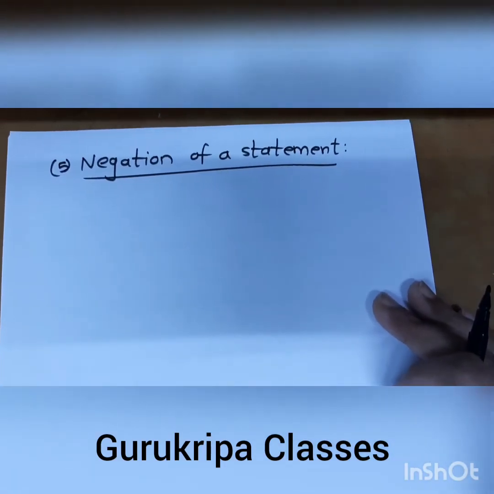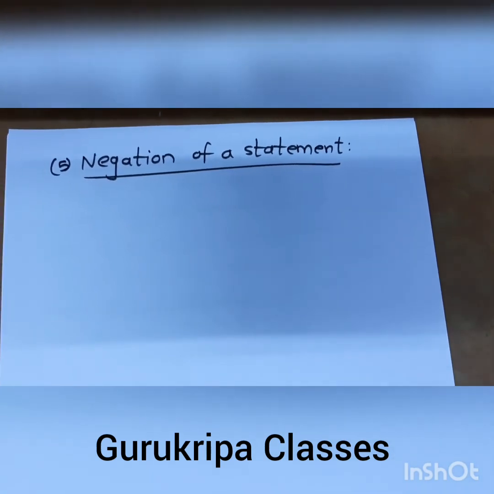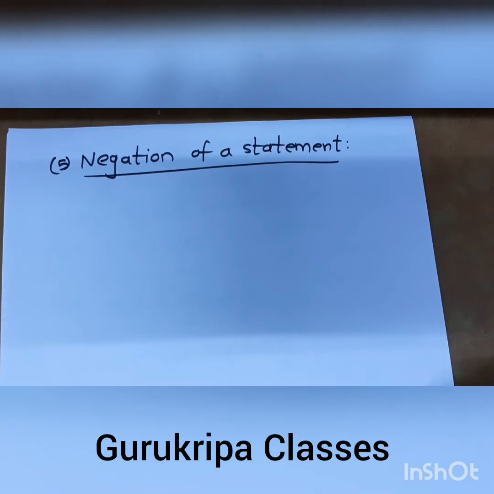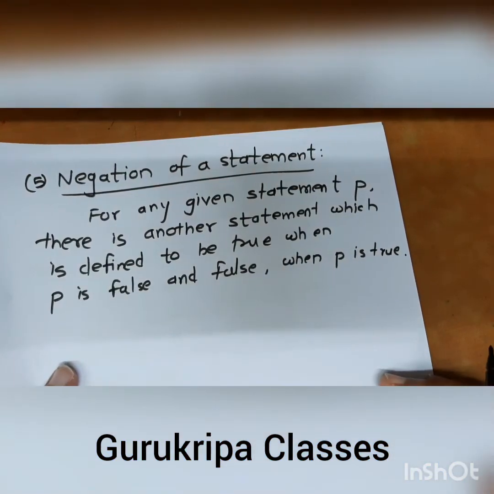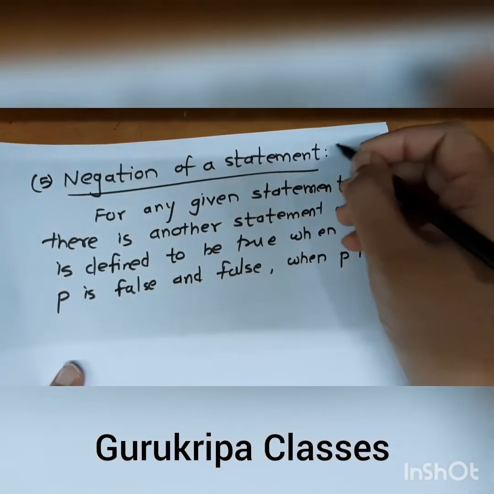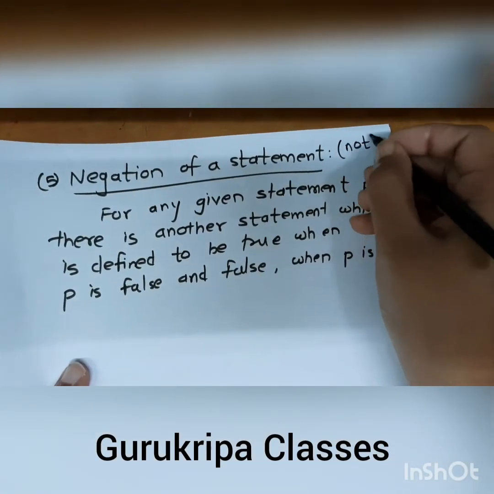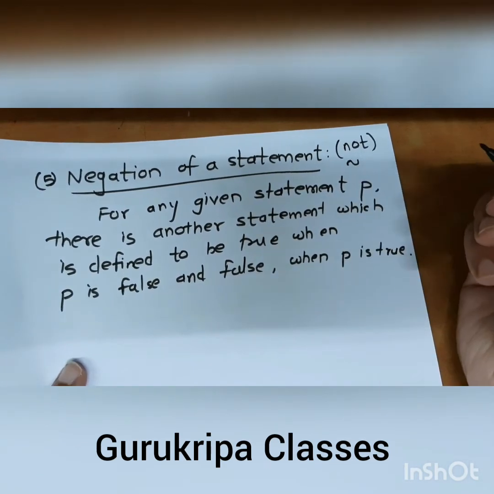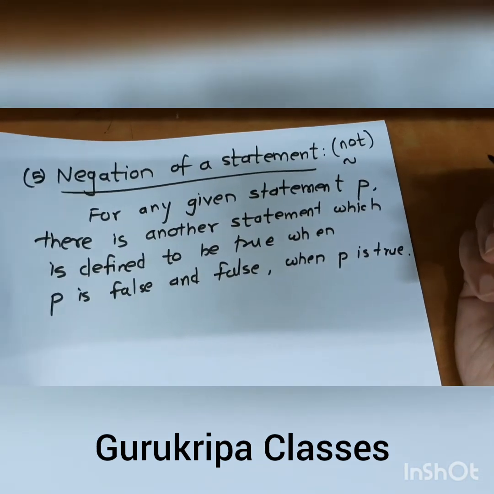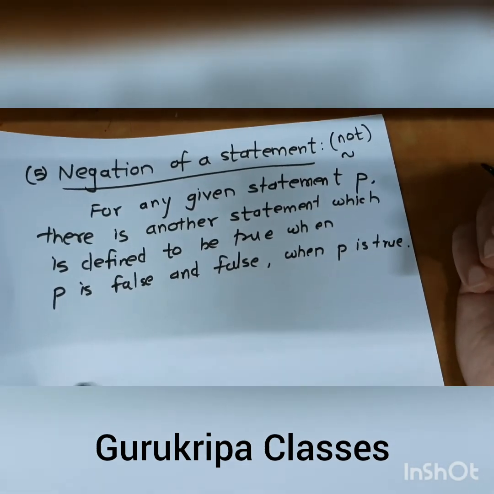See the next connective, that is negation of a statement. I am writing its definition. Negation of the statement, or I can say "not", or the negative of the statement. Its symbol is like this, a similar sign which you all have learned in 10th standard.